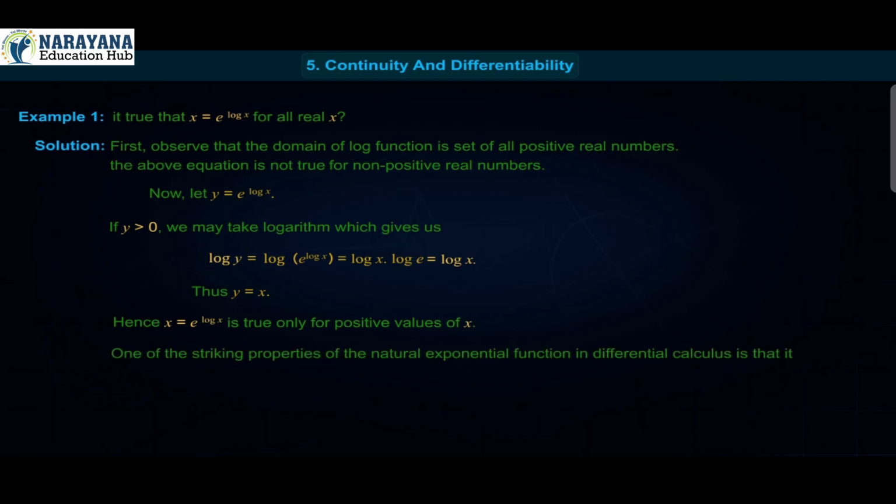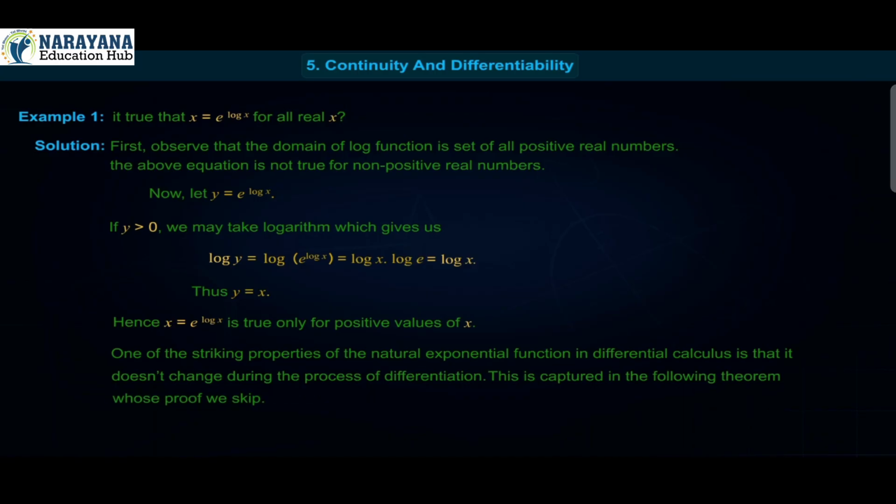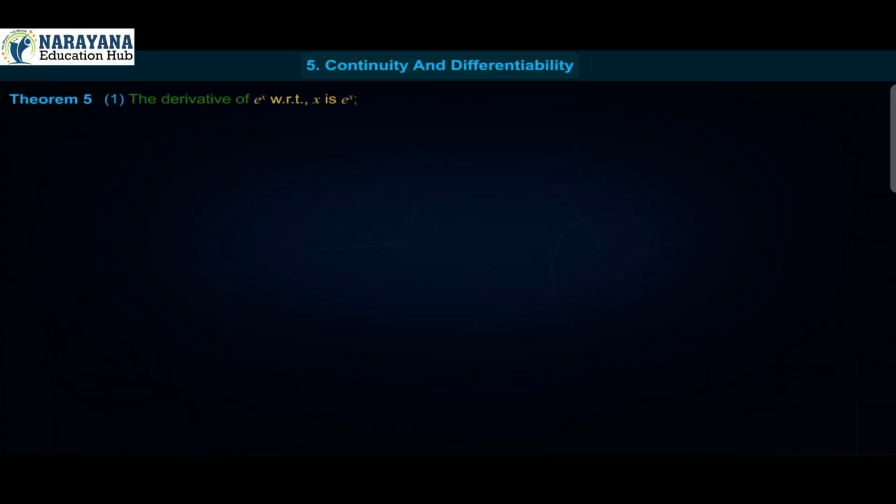One of the striking properties of the natural exponential function in differential calculus is that it doesn't change during the process of differentiation. This is captured in the following theorem, whose proof we skip. Theorem 5. Number 1.